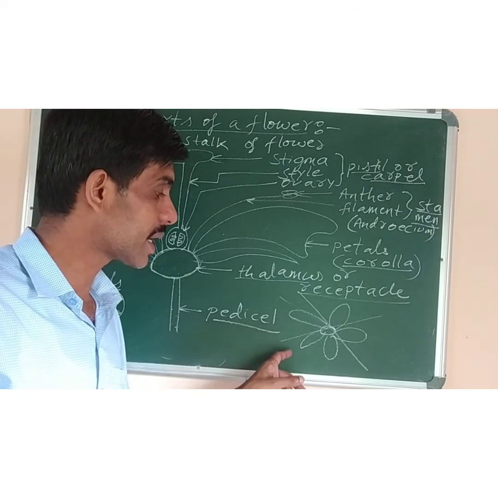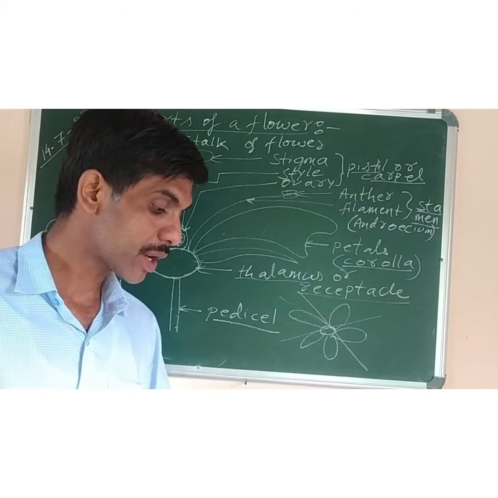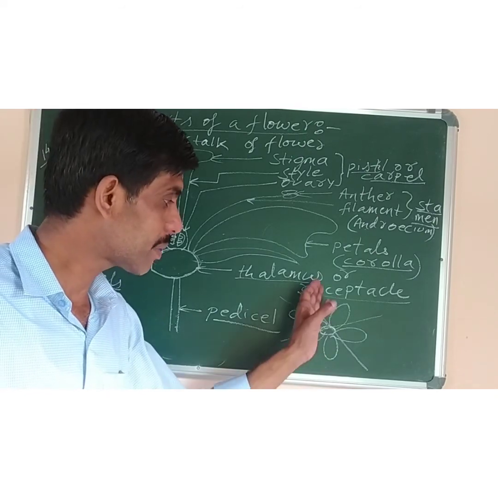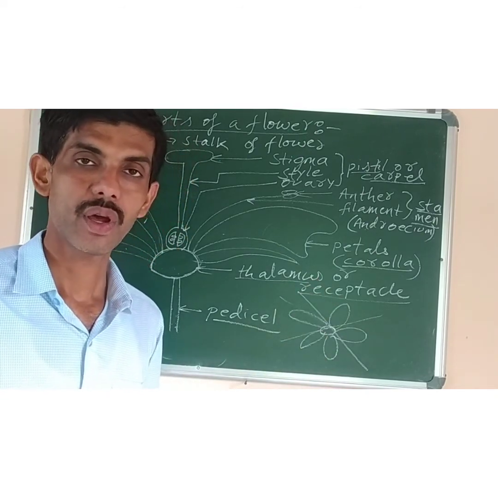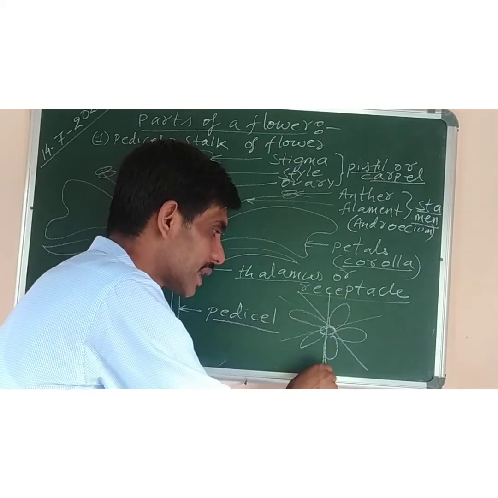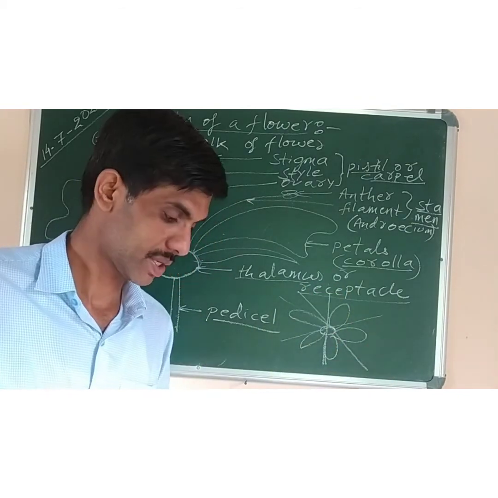Then comes zygomorphic, the second one, zygomorphic or irregular flower. Such flowers can be divided into two equal halves only by a vertical plane, like this only you can divide into two equal halves.